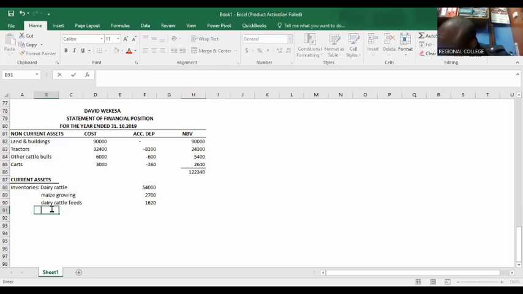Then fertilizer for planting maize, 1,080. Then 80.